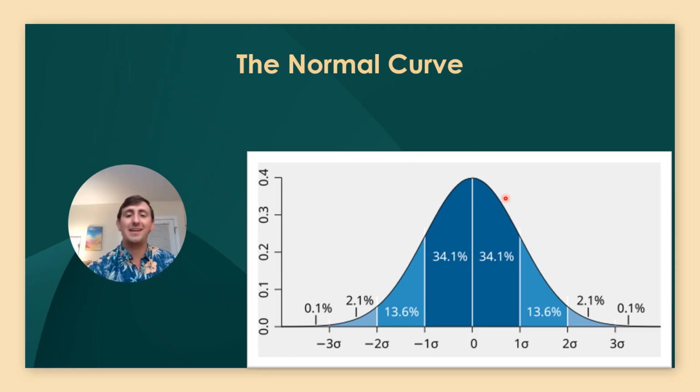We can add that into our total, and now we can see that roughly 95% of answers will be within 2 standard deviations. So this lighter blue and this darker blue, if you add them together, both above and below the mean, that's a lot of the scores. That's most of the scores. It's 95% of the scores.